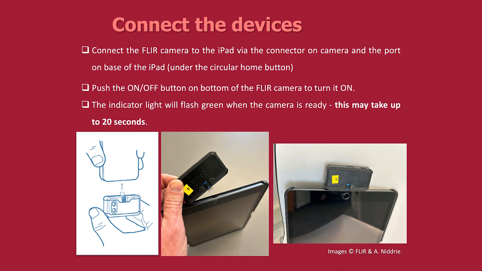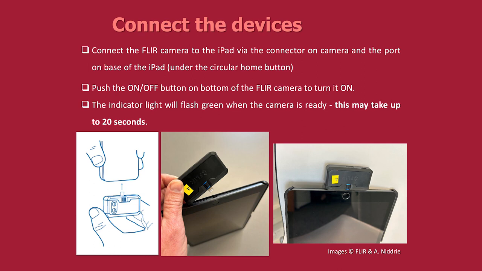And at the bottom of the camera, there is the on and off switch that you need to press, and it will take a while for the camera to turn on, but I will explain why. There's also the USB-C port that's for charging, and there's the LED light that indicates the status of the charge.